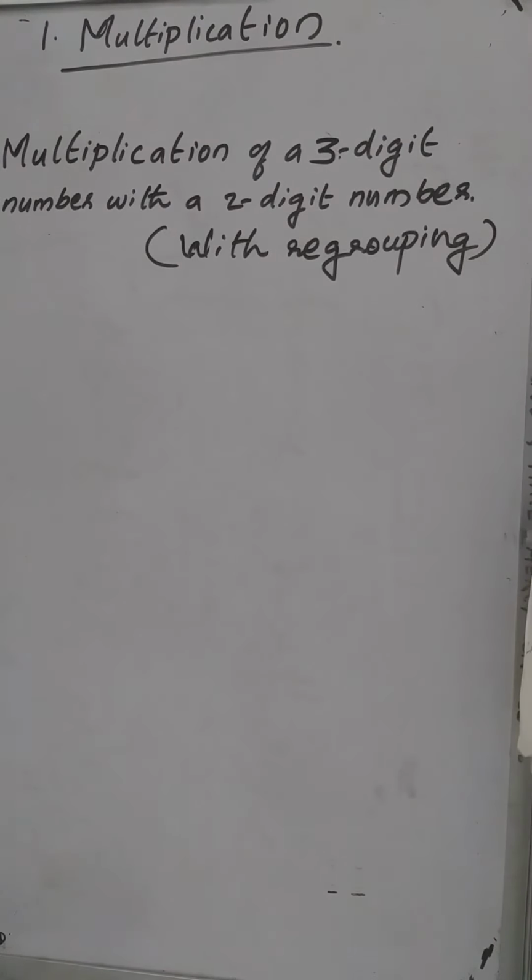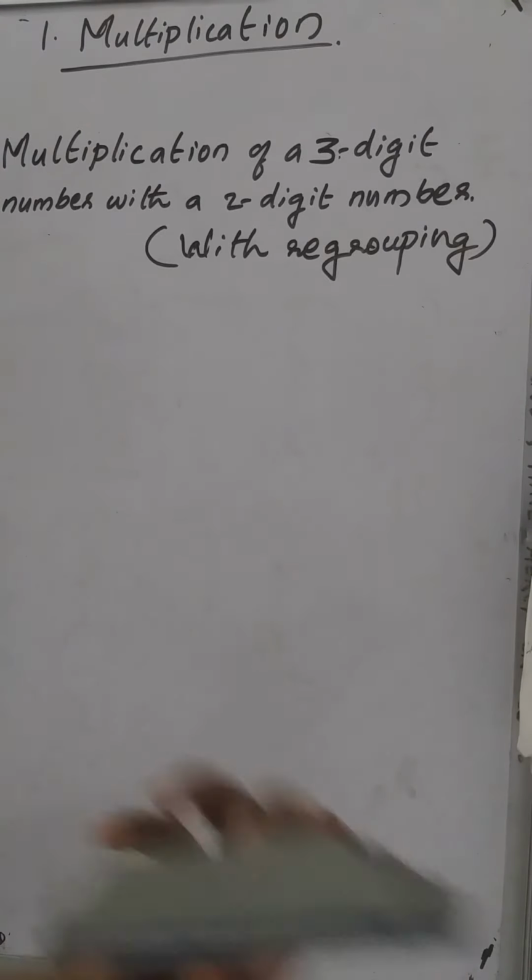Multiplication of a 3-digit number with a 2-digit number with regrouping. Okay, first we have to start from a 2-digit number.